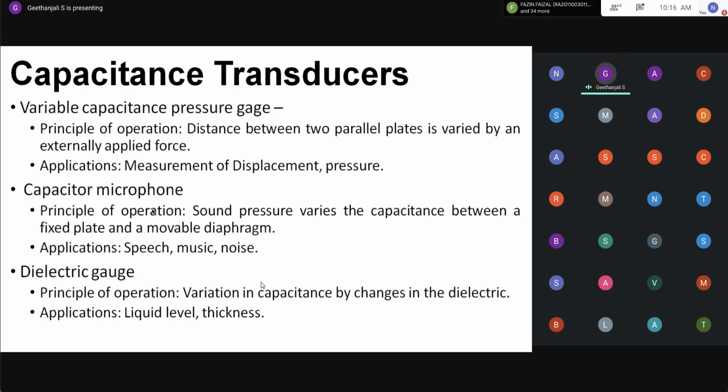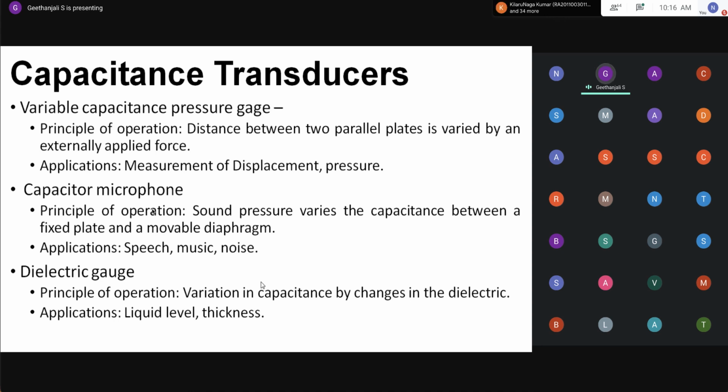The next category is the capacitor microphone. The principle of operation is that sound pressure varies the capacitance between a fixed plate and a movable diaphragm. Applications under this category are speech, music, and noise. Then the third type is the dielectric gauge.